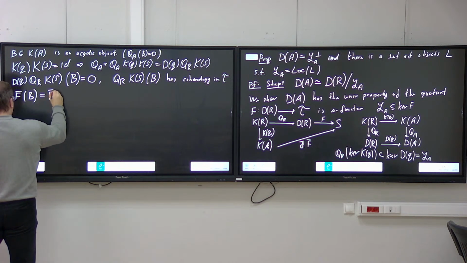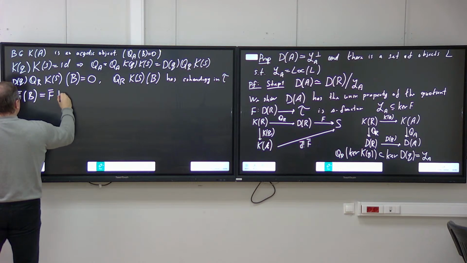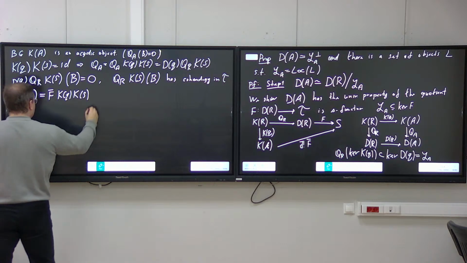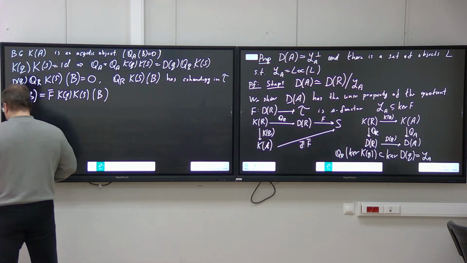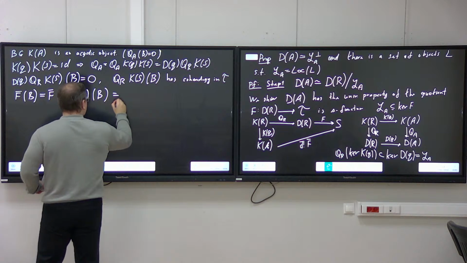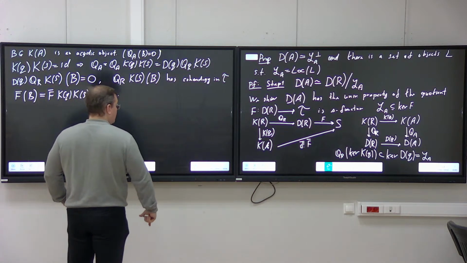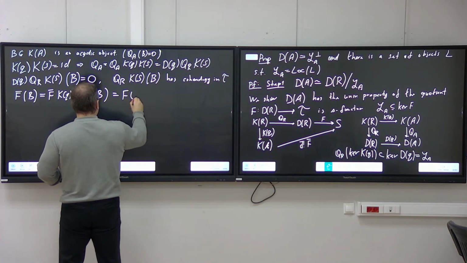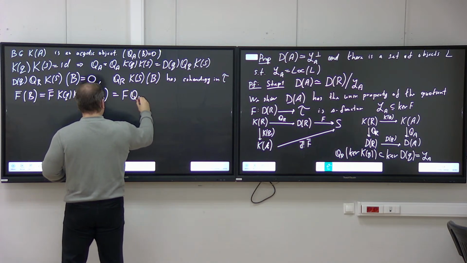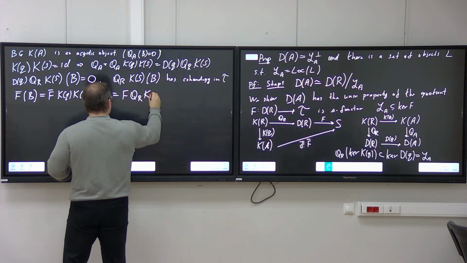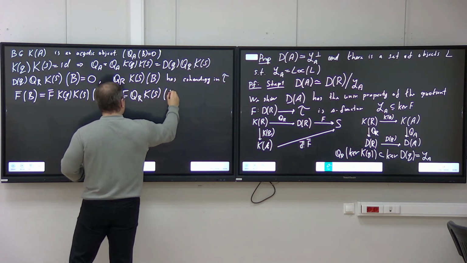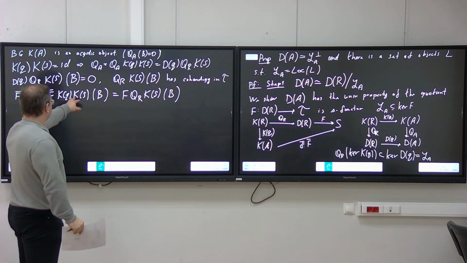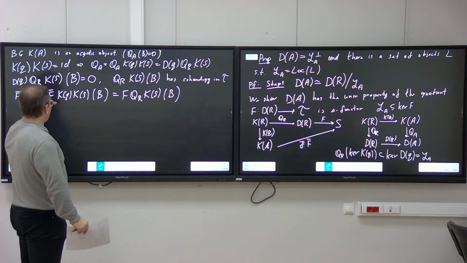First, I can plug in the identity, so K of Q, K of S, which is just identity, still applied to the B. Now, using the diagram which I used, this one, I can rewrite this as the F, Q sub R, K of S. Again, everything is applied to the B. So K of S can keep instead of the composition of the F bar and KQ.